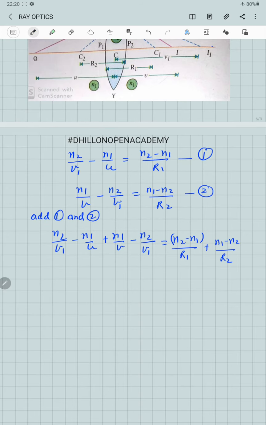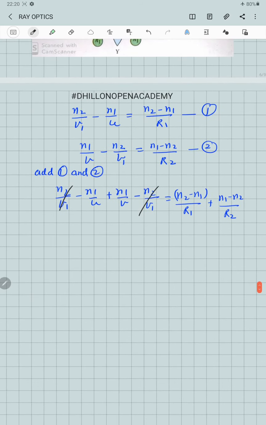Here n2 over v1 and n2 over v1 get cancelled. So we are having n1 over v minus n1 over u equal to n2 minus n1 into 1 over r1 minus 1 over r2.